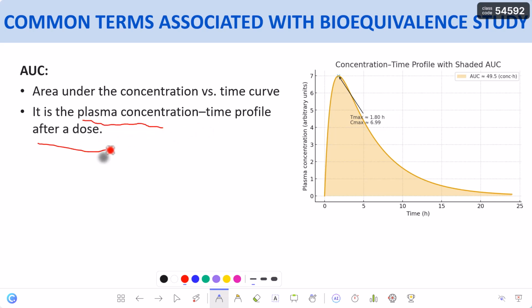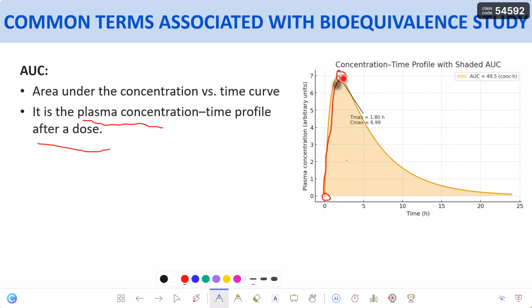Once the dose is administered, it is going to be absorbed into the systemic circulation. It will come into the blood or plasma, and that drug concentration is represented over here. At the beginning of the study, the concentration of drug is 0, and as time passes, the concentration of drug increases in the bloodstream and reaches the maximum concentration, which is called the Cmax.